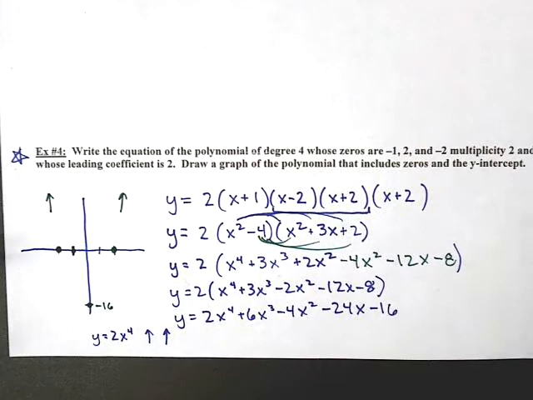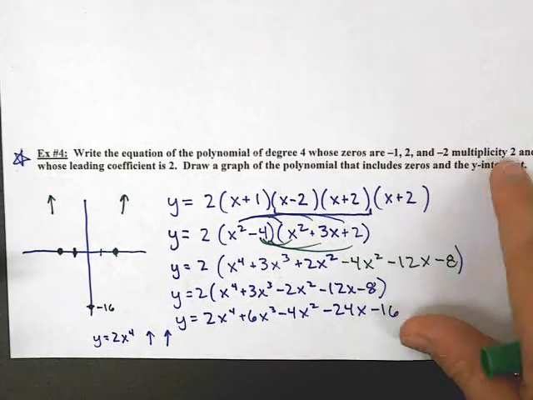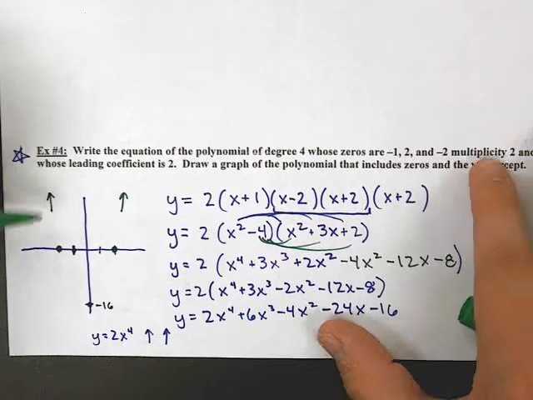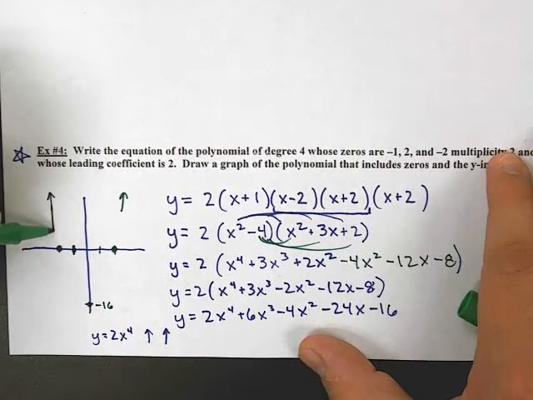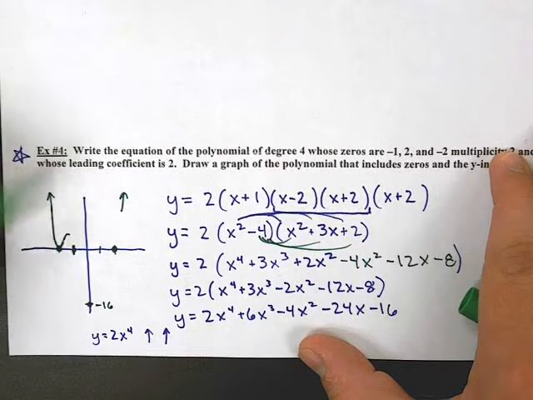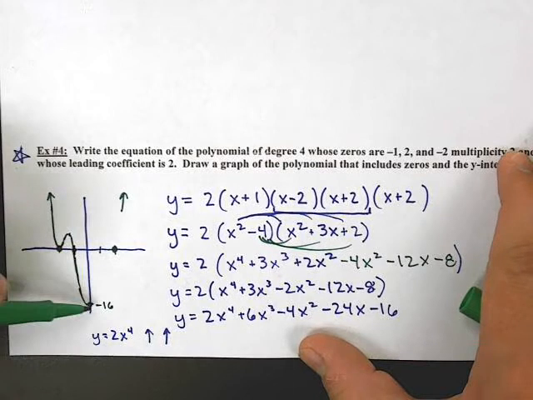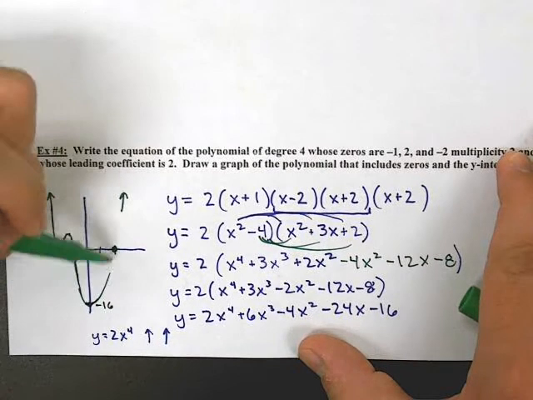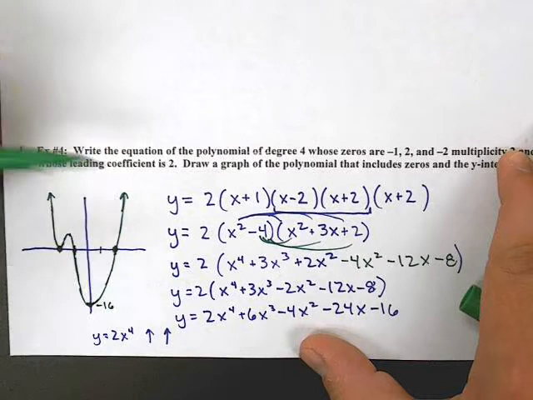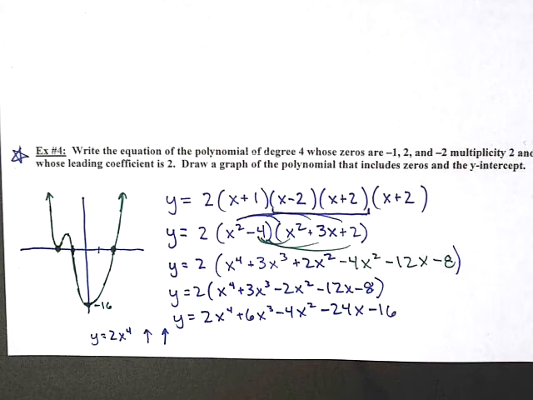And now let's take a look here. At negative 2, I have to bounce, right? It has multiplicity of 2. So I'm going to have to do one of these and bounce right back. And then I have to kind of turn so I can go through and grab this x-intercept and this y-intercept, and then finally my last x-intercept, something like that.